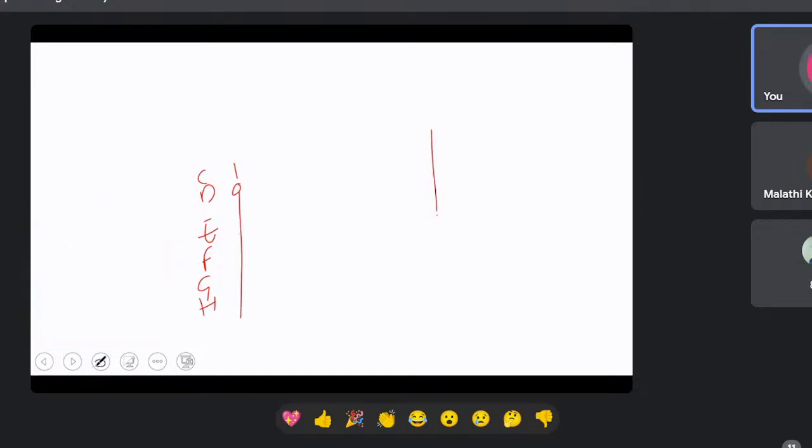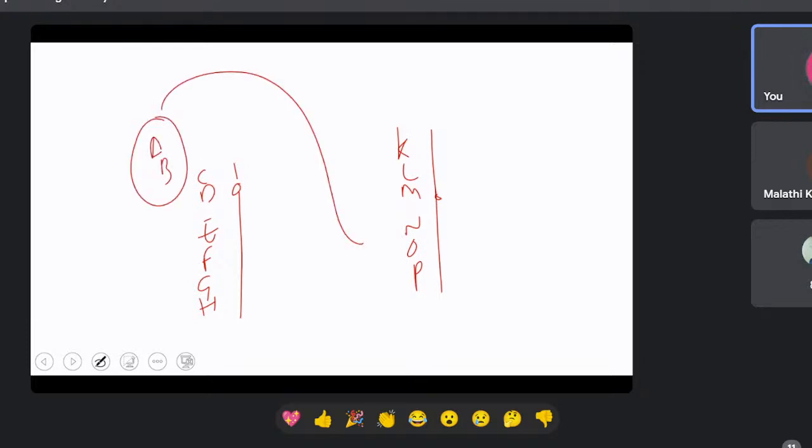So this is another chromosome, KLMNOP, and the AB, that is a part of this chromosome, is transferred to this chromosome and adds here. Then what happens here? This chromosome length increases, this chromosome's length decreases. Okay, so this is what translocation is.